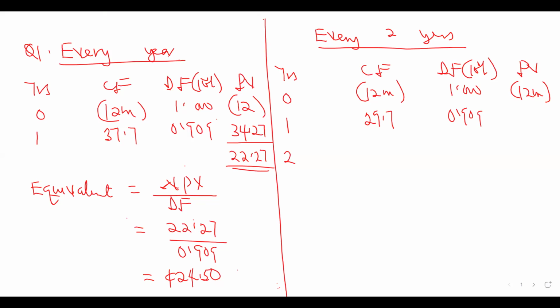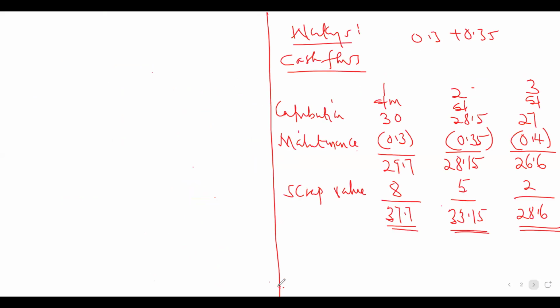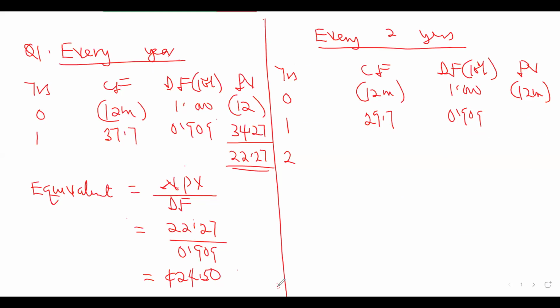Then if you come to the second year, what will be the cash flow that we are receiving? 33.15. We are going to receive this one from the production together with the scrap value. 33.15. What will be the discount factor here? 0.826.